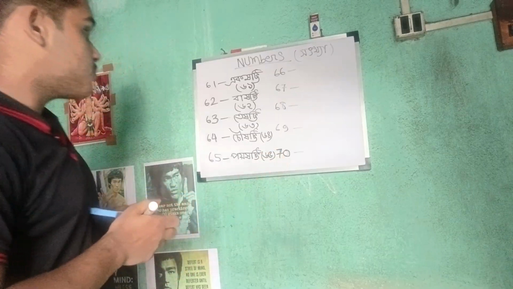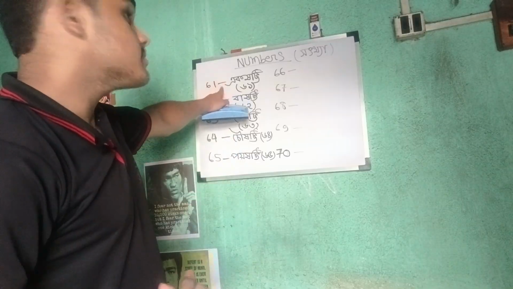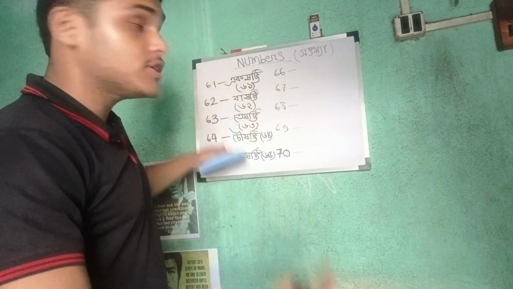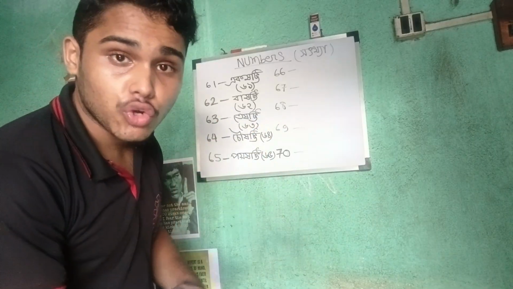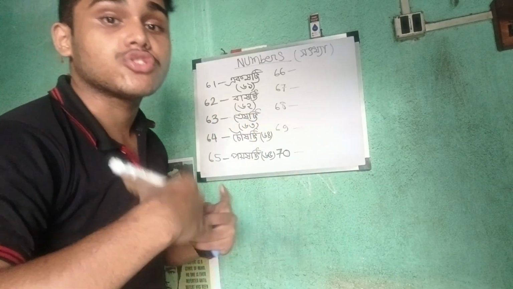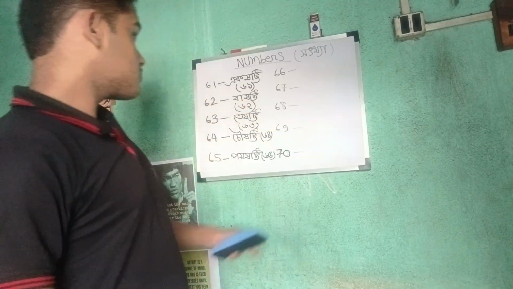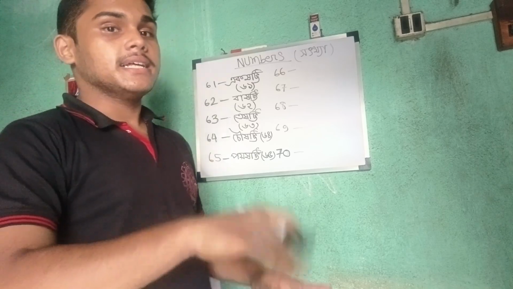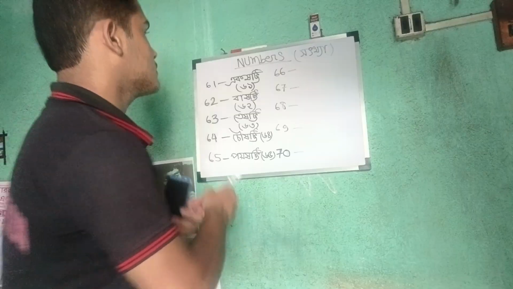So 65 means পঁয়ষট্টি. 61 means ekষট্টি. 62 means bâṣôṭ্টি. 63 means têṣôṭ্টি. 64 means chhôuṣôṭ্টি. 65 means পঁয়ষট্টি. And then 66. 66 means chhêṣôṭ্টি.